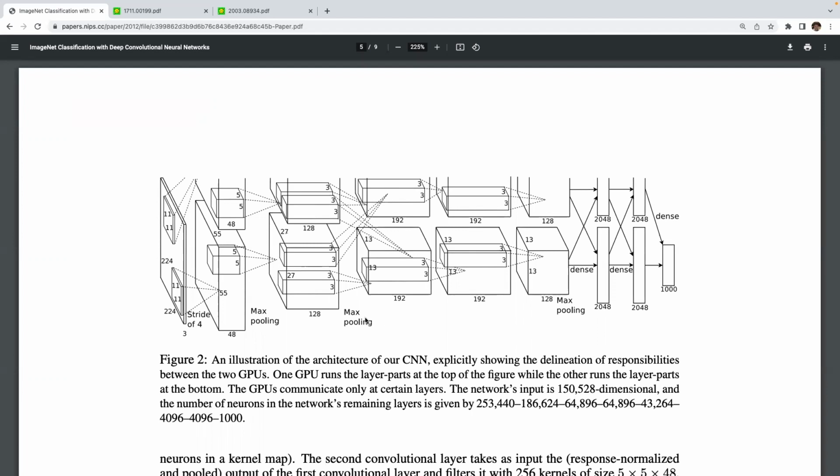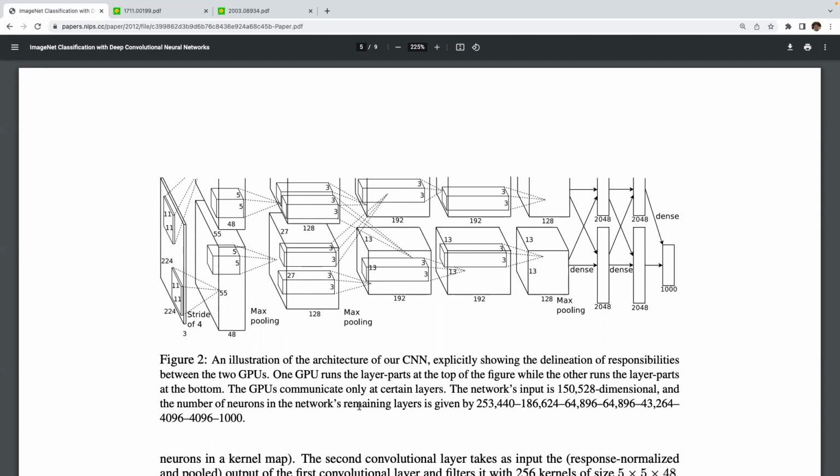You have both numbers, but also these architecture figures, which represent the features that are going to be built within this neural network. And it seems to be for the entire network, right? You can see here, they say it's an illustration of the architecture of the CNN. CNN is an abbreviation for convolutional neural network. And it's explicitly showing the delineation of responsibilities between the GPUs that are being used. A GPU is short for graphics processing unit.